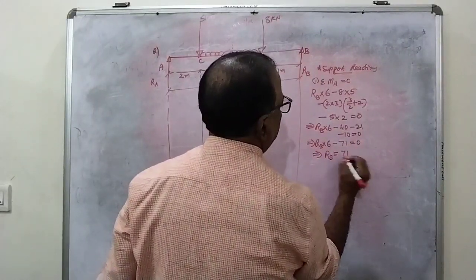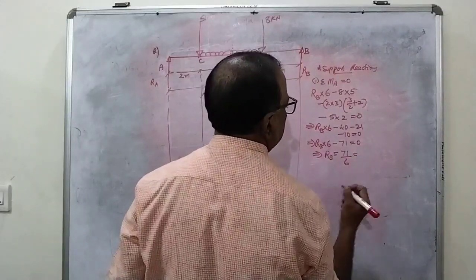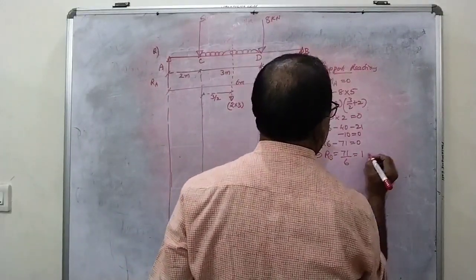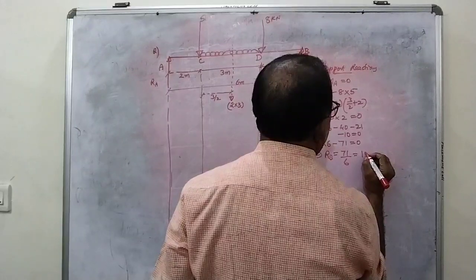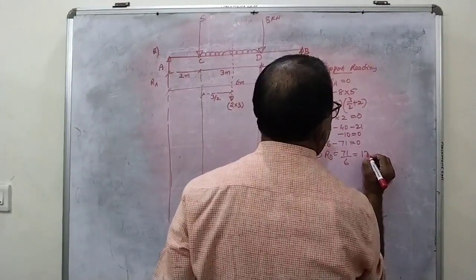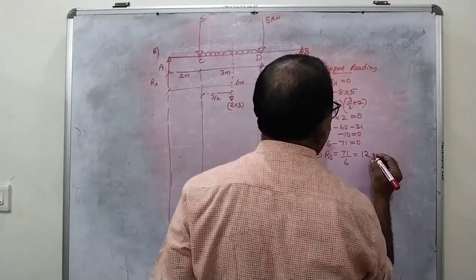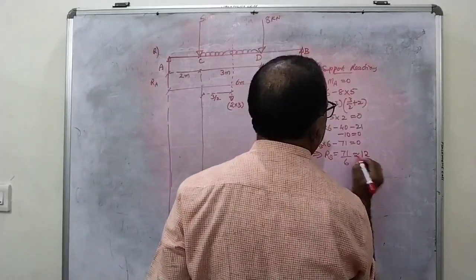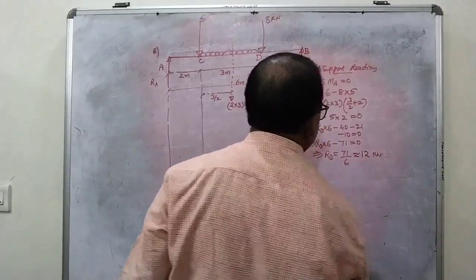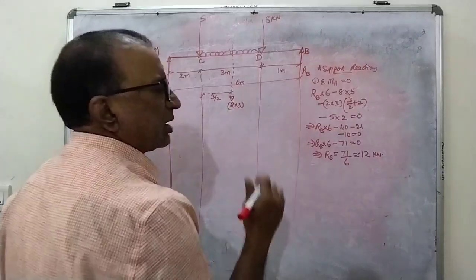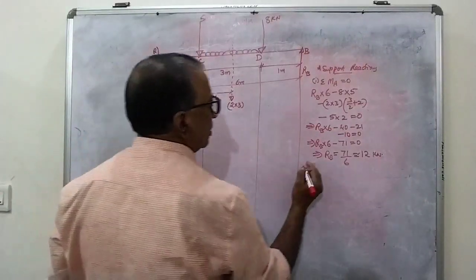RB is equal to 71 by 6, approximately you can take it as 12 kilonewtons.